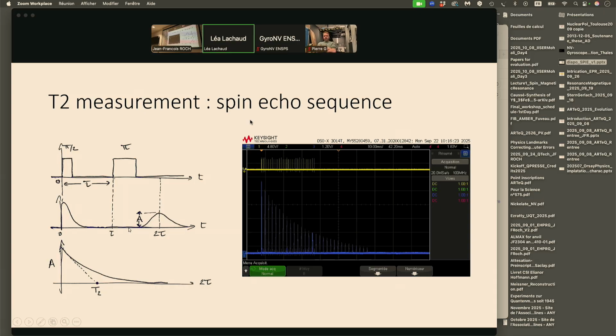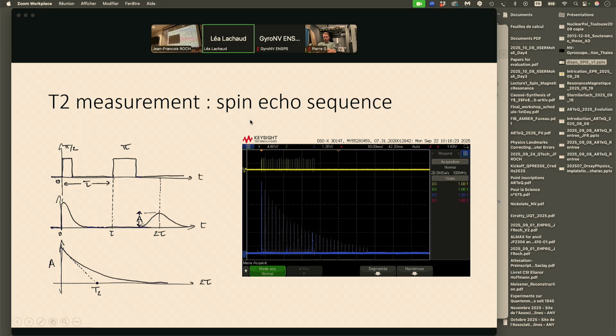So for the spins, you have another bump, tau again later, so 2 tau from the start, which reflects the fact that the spins get all together in phase again.